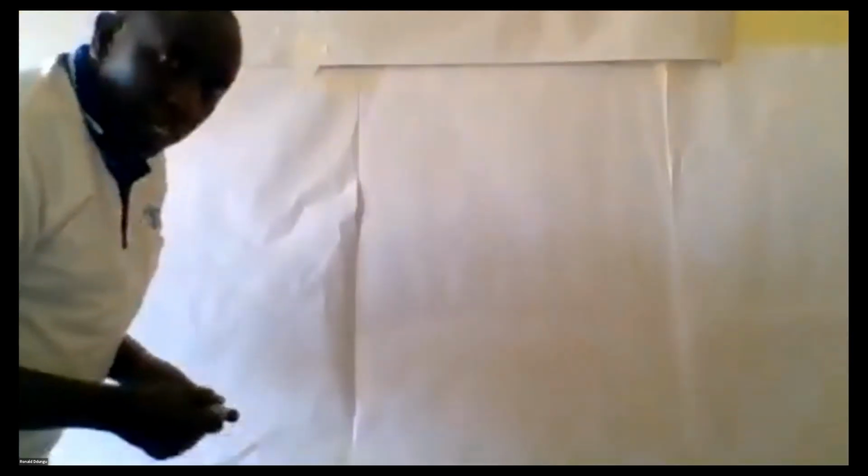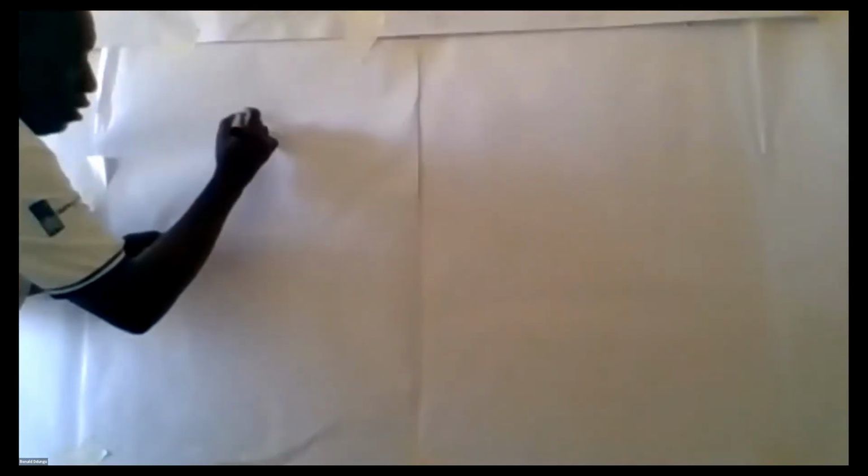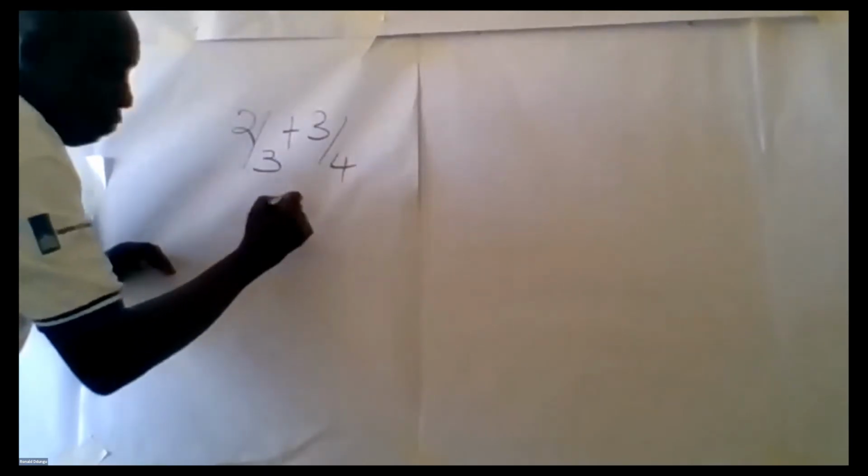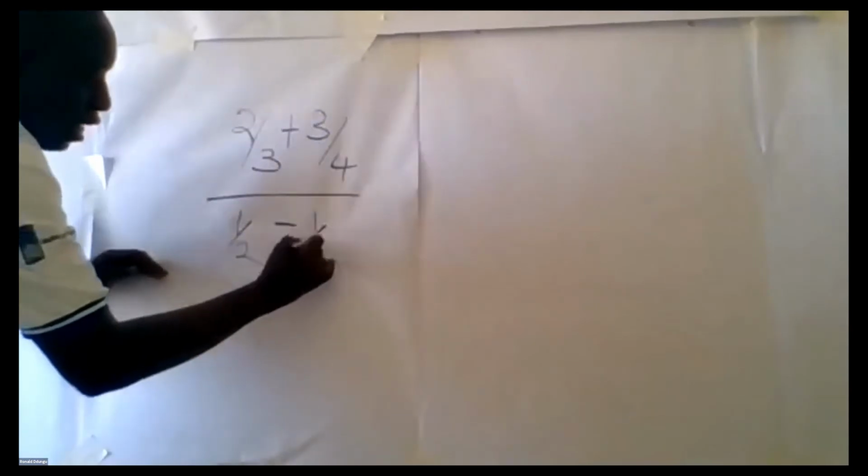Okay, so I have my blackboard here, and depending on the height of my laptop, I can take a position to be able to explain my work. So I could say 2/3 plus 3/4 divided by 1/2 minus 1/3.